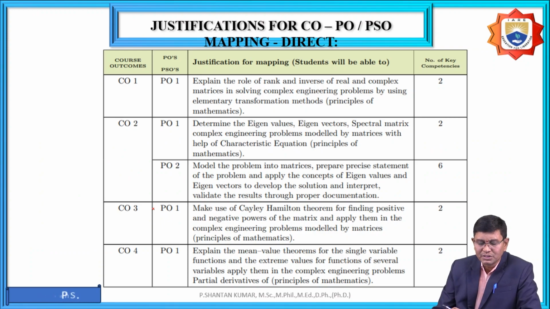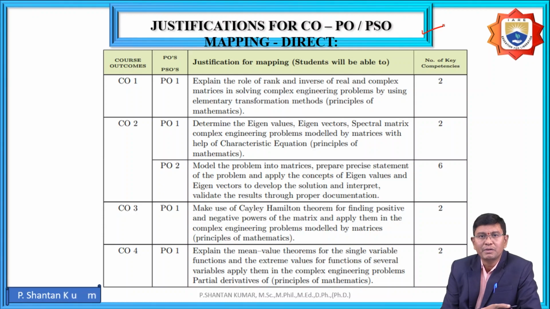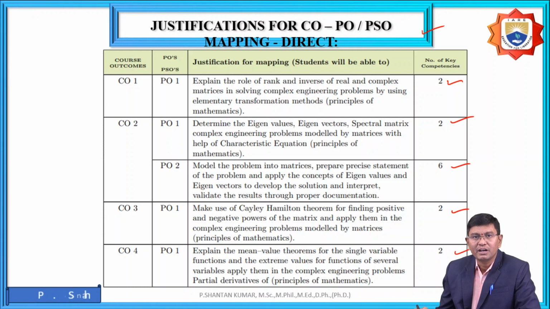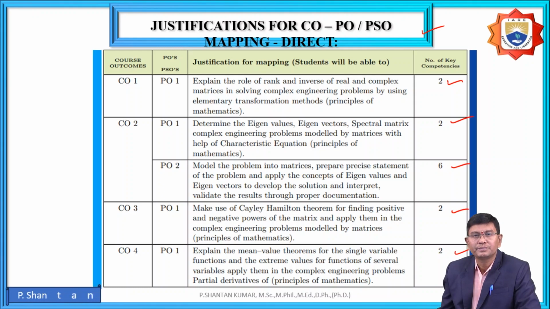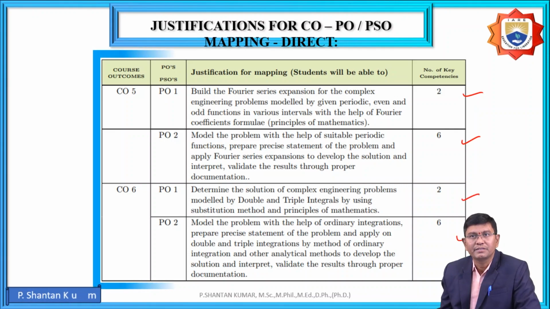After that, how to justify the CO-PO mapping and the PSO1 mapping. Whatever is shown in the previous slide, CO1 is mapped to PO1 and CO2 to PO1 and PO2. Based upon this, considering the key components, we frame the conditions. These are the mappings, clearly, with justification for the CO-PO and PSO mapping.